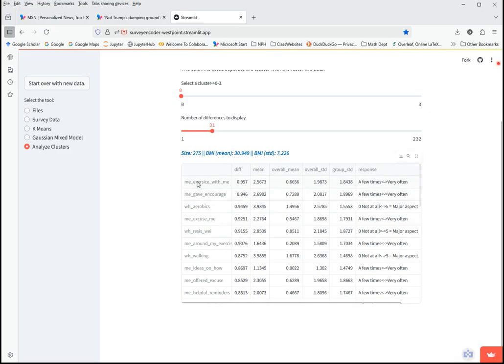You can see that this is the biggest question, and the next biggest question is the code me gave encourage. These are lower numbers, these are bigger numbers, according to our mapping. You can see the difference here, and the mean and the overall mean.